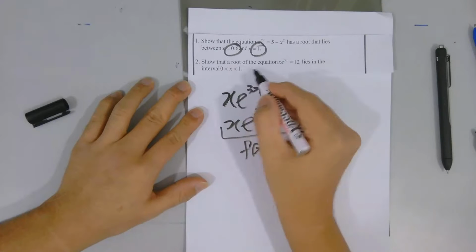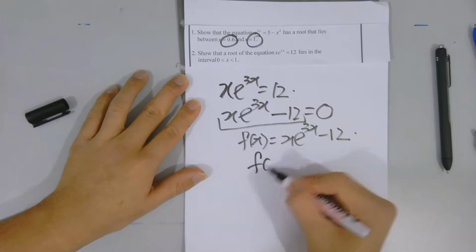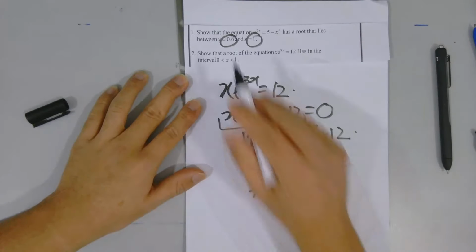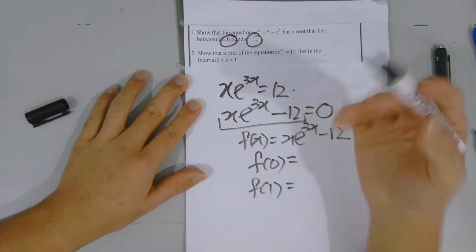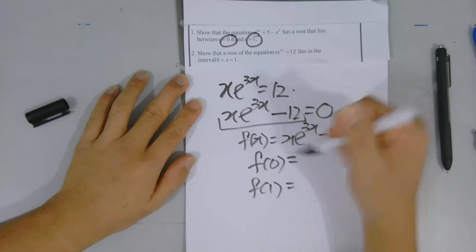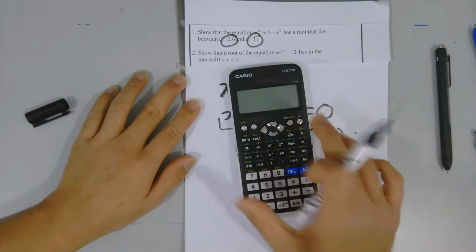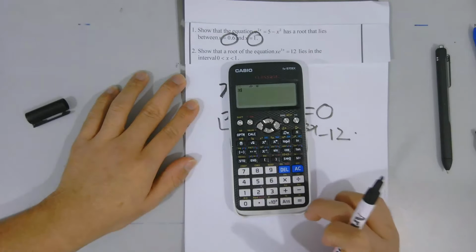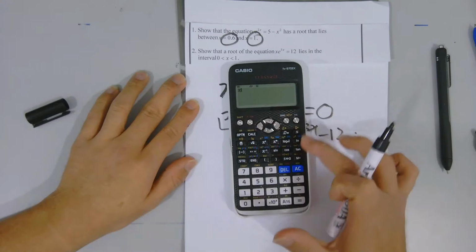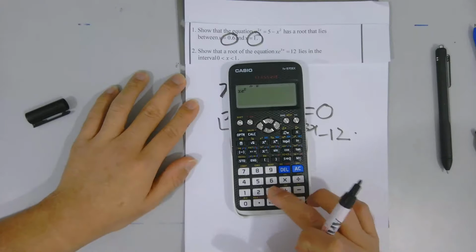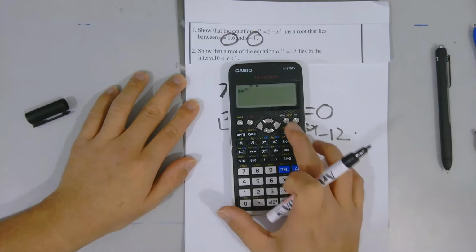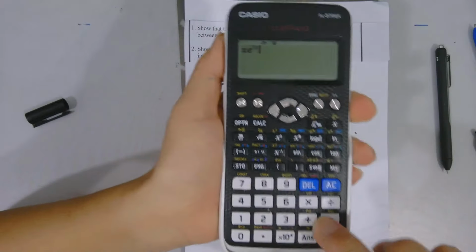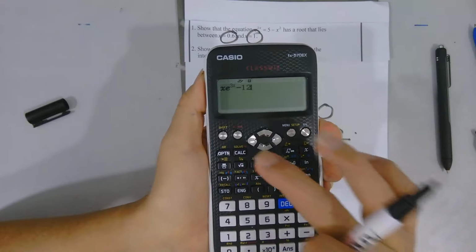If there is a root between these two, I will find f(0) and f(1). They already tell you there is a root between these two. Very easy. Key in again: alphabet x, shift E, 3 alphabet X, then minus 12, just like this.